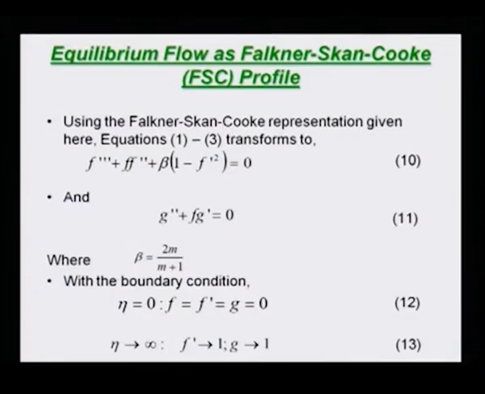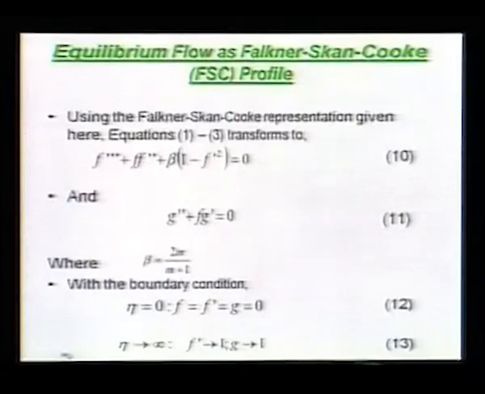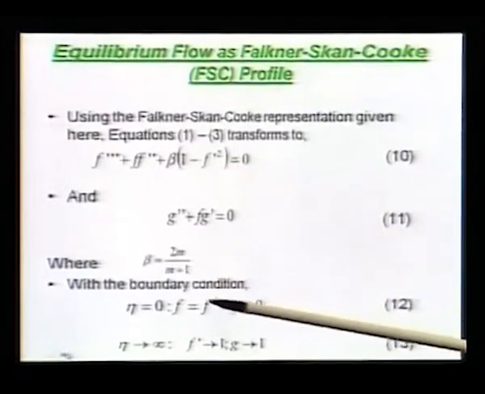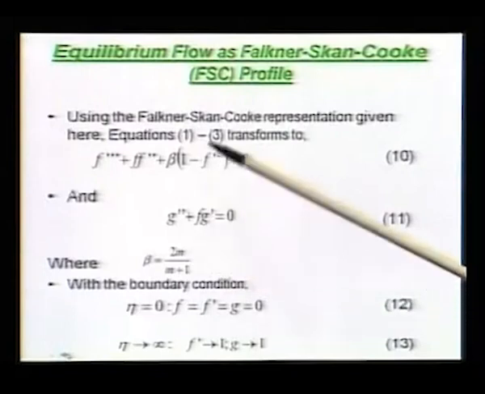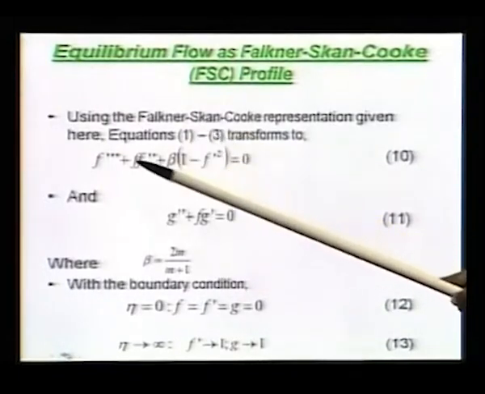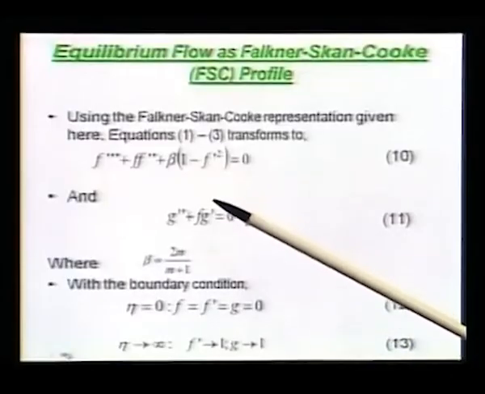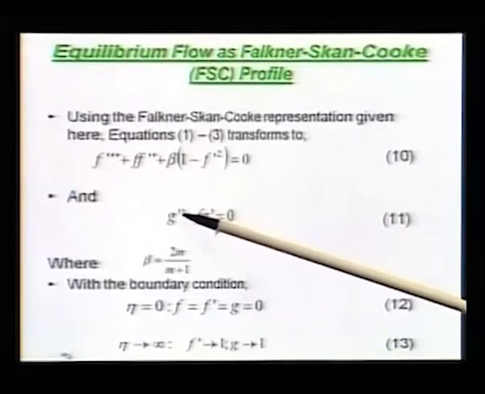This is exactly like what we have obtained for the Faulkner-Skan profile also, and beta is the combination of this term 2m by m plus 1 that appears there. It's a nonlinear equation, all right, but in the leading term it's linear, and the z momentum equation gives you this equation.